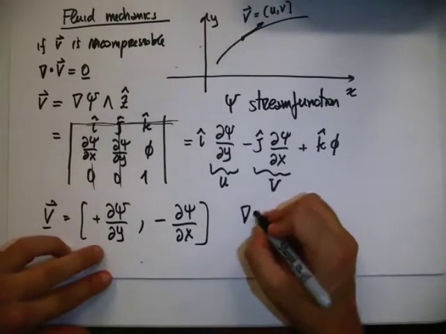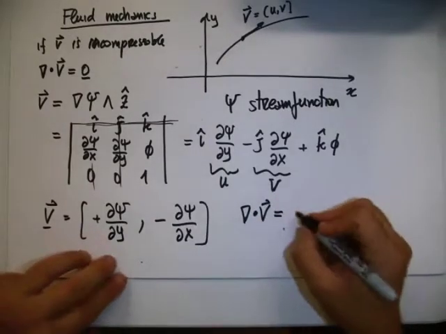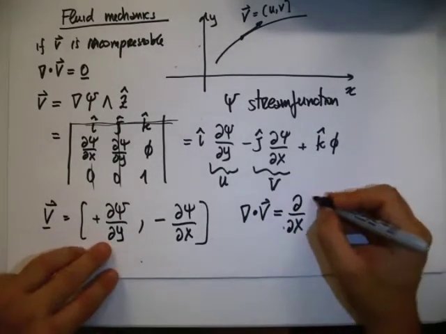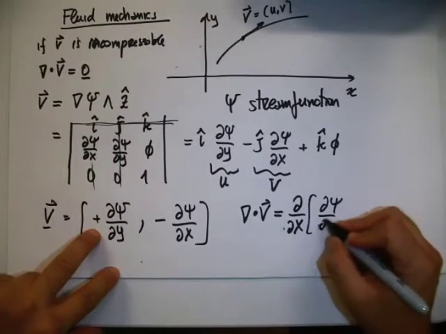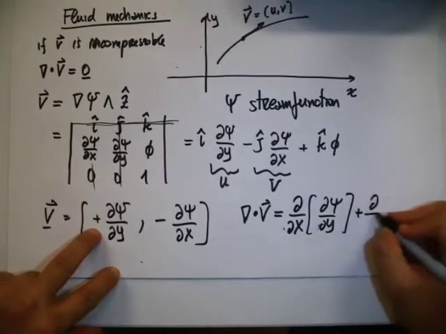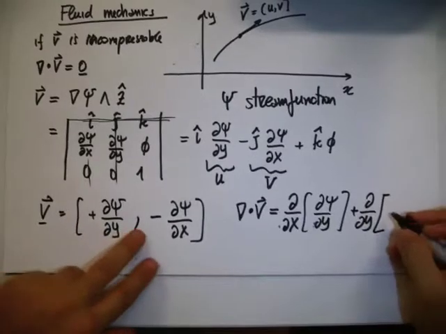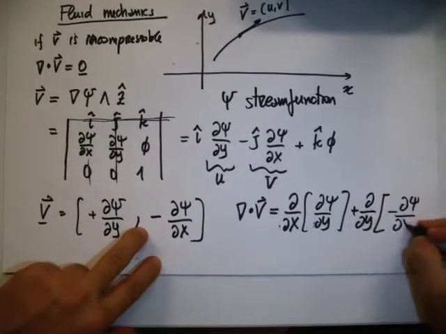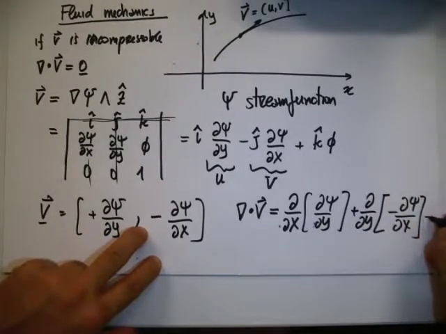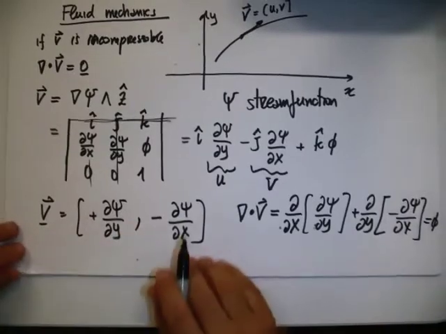And you can clearly see that the divergence of v is automatically 0, because d/dx of dψ/dy plus d/dy of minus dψ/dx is equal to 0.